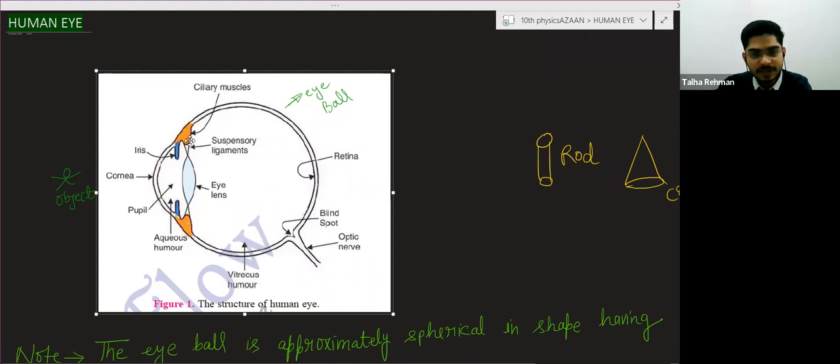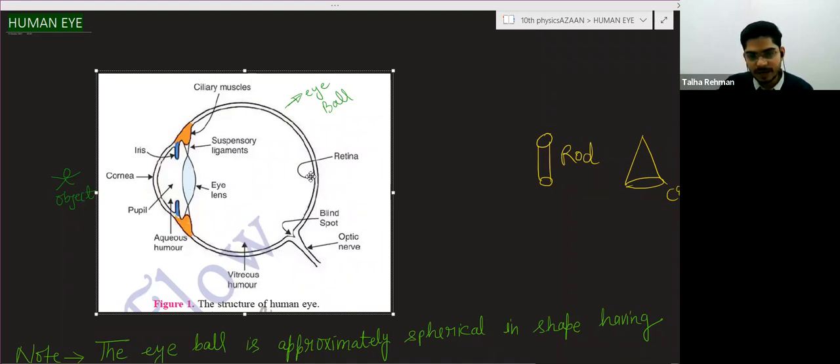These are the ciliary muscles. Ciliary muscles are used to change the shape and size of the eye lens so as to increase and decrease the converging and diverging power of the eye lens. So due to this eye lens, the final convergence will take place.